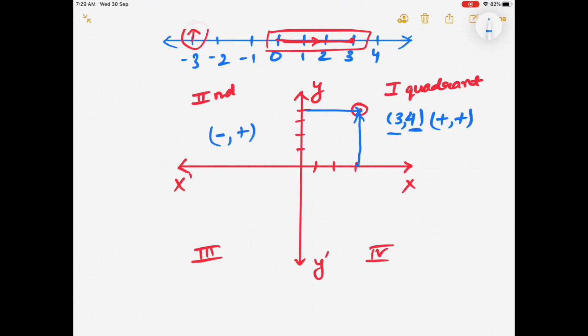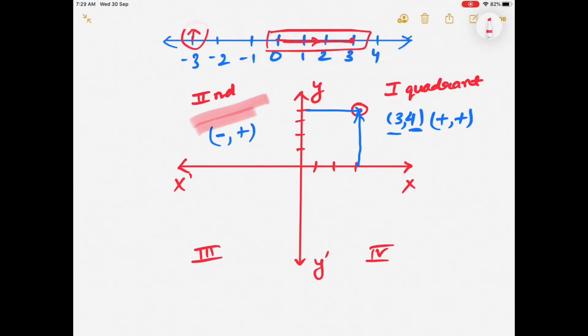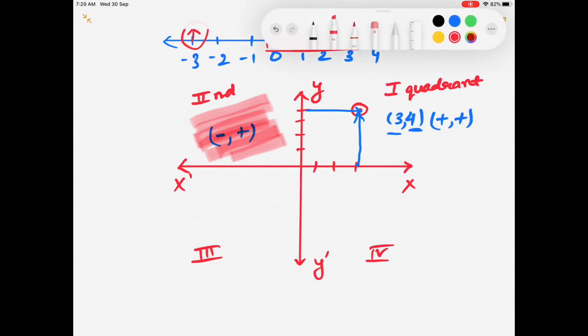So all the points lying in this area will be (negative, positive). It means that the x part of that point will be negative and the y part of that point will be positive.